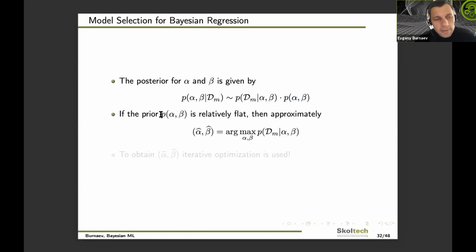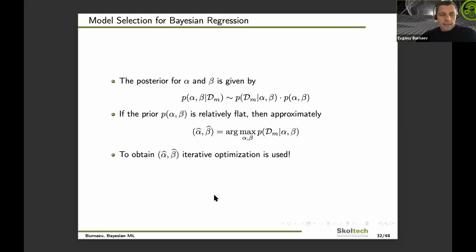In practice, this is called a flat prior. If the prior is flat, that means that the prior doesn't depend on the value of the parameters. And so the most probable values of alpha and beta with respect to the posterior distribution are obtained by maximizing the likelihood of the data given alpha and beta, because the prior doesn't depend on them.